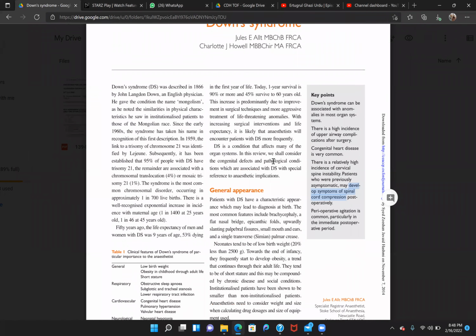One thing. And number two, in the patient there will be cardiac defects, endocardial cushion. What else? You told about the airway, you finished the airway.